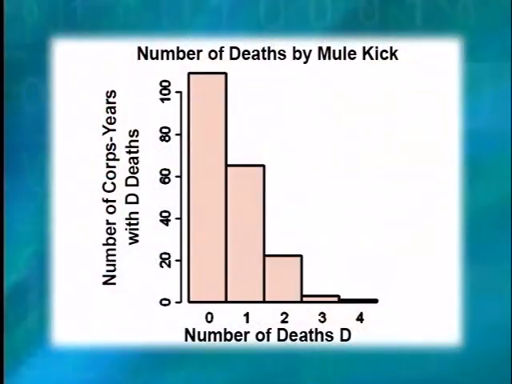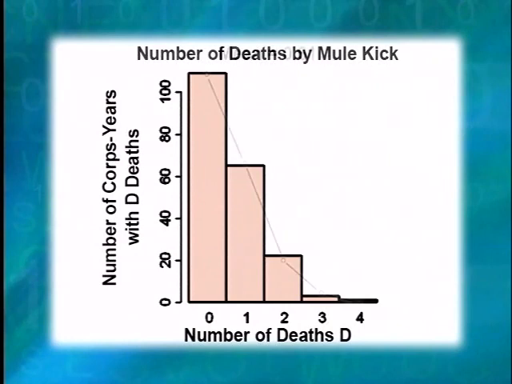They're independent events. And so when you have that kind of situation where the probability of being killed by a mule kick is basically the same over short periods of time, and that they don't affect each other, they're independent, that's when the graph that you get, the distribution, is going to be approximated by a Poisson distribution.